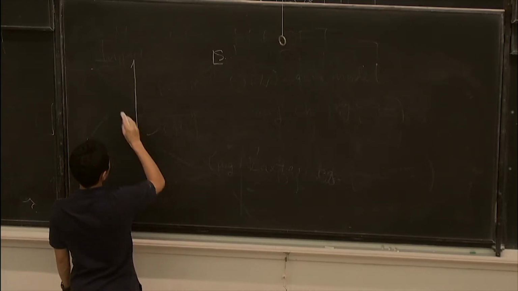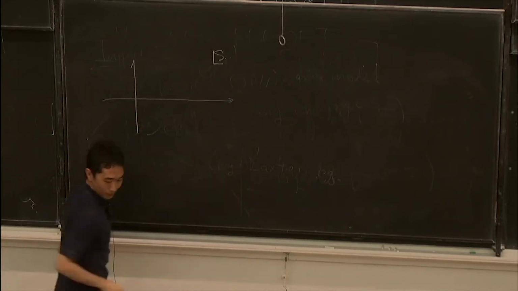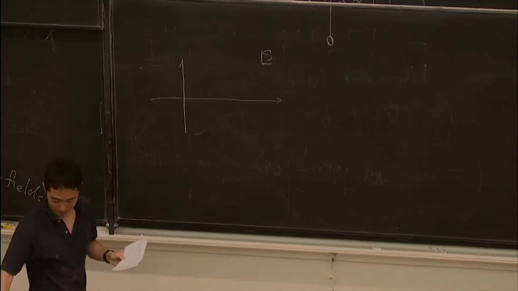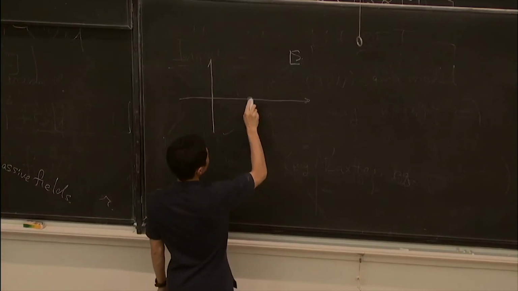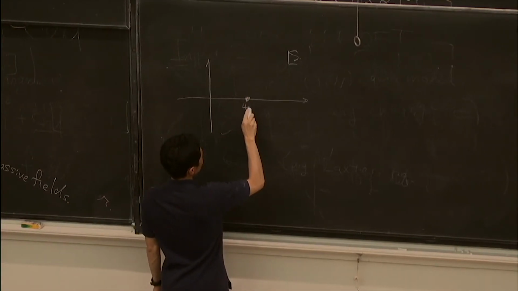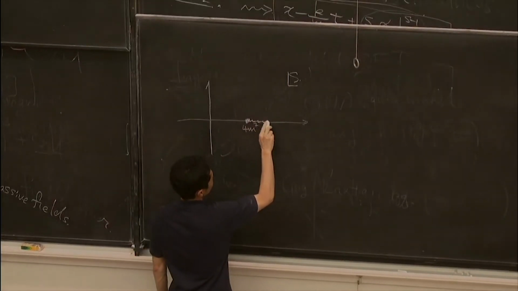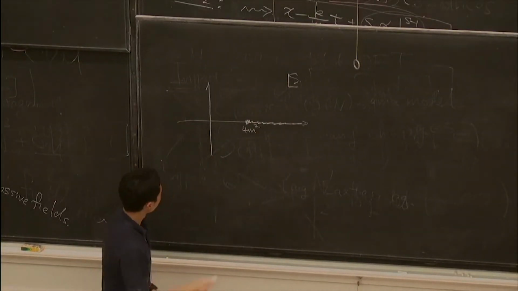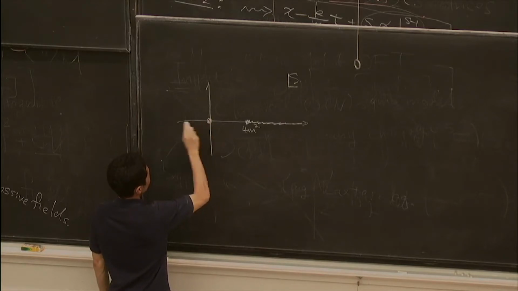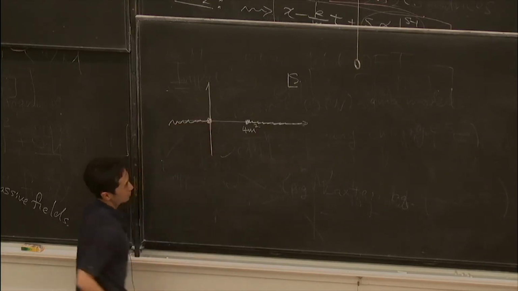This topic was covered already several times in this school and in the school last year. As we know, this S matrix has a two-particle threshold, and it has a branch cut coming from here. There is also a T-channel branch cut, which starts from 0.